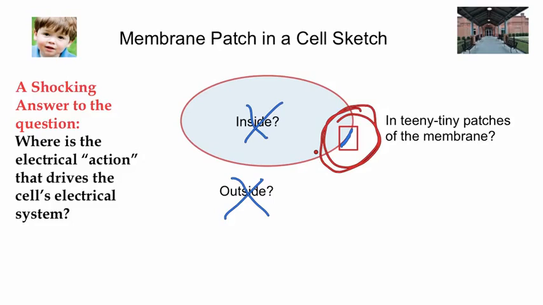Maybe that's so for train engines, but in cells, the engine that drives the train, electrically speaking, is the energy that's in an individual patch. So it's just an amazing phenomenon. The next time you look at something shrink-wrapped at the grocery store, say to yourself, my product is in the shrink wrap. It's not inside. It's not outside. It is the shrink wrap itself. That's what we are saying when we talk about membranes and membrane patches.